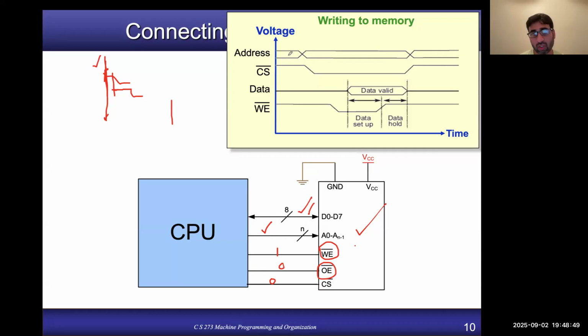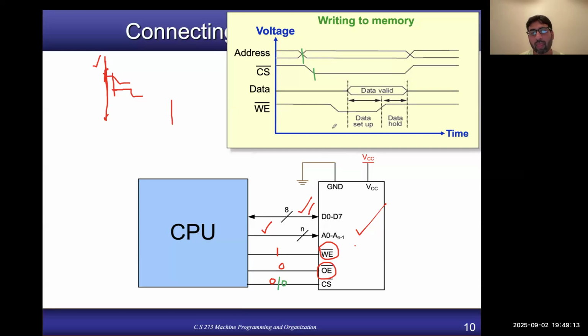First your CPU puts the address on the address bus for the location to which it wants to write the data. And after some gap, it sets the chip select signal to 0. So this is again 0, right?